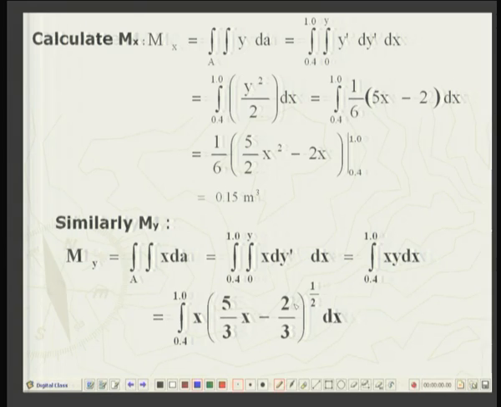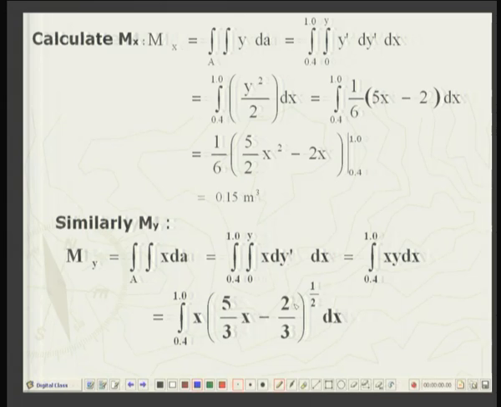Then we come to the moments of this area. First of all, I will take the moment about x axis. So, that will be area integral y dA. dA stands for dx dy. So, again you can carry out the integration. So, again y dash dy dash integral from 0 to y and x integration from 0.4 to 1.